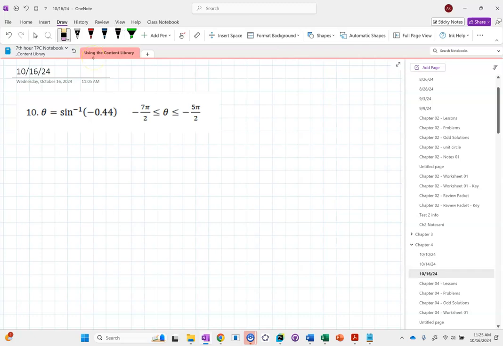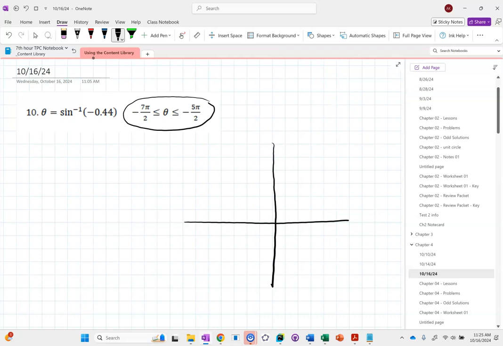Okay. So to start a calculator problem, I'm going to start by drawing my picture. I'm going to draw out my XY axis. And I'm going to look at this piece right here. Theta is my answer that I'm looking for. Theta needs to be between two negative numbers, right?